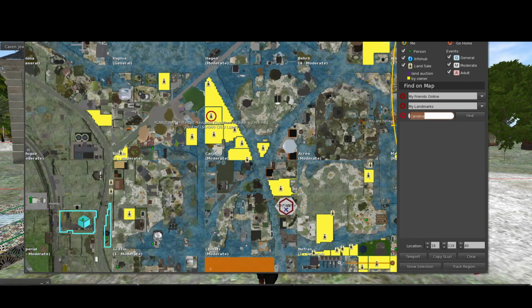And as you can see, it looks like this one is just for sale. 22,304 square meters, 64,900 Linden, and it is 2.8 Linden per square meter.